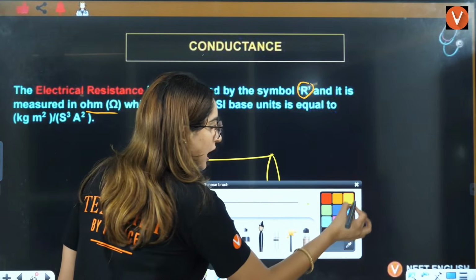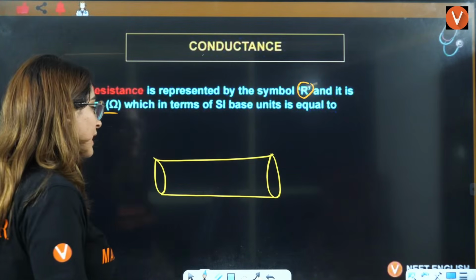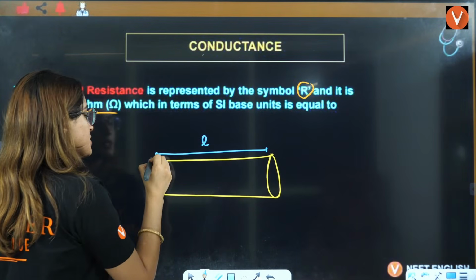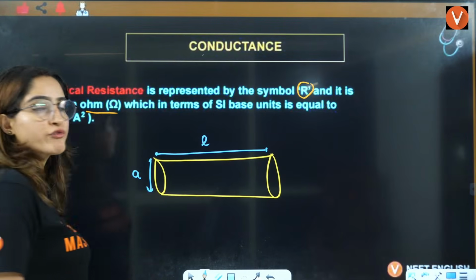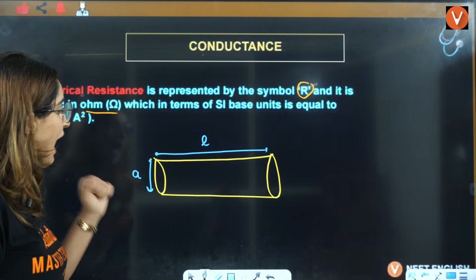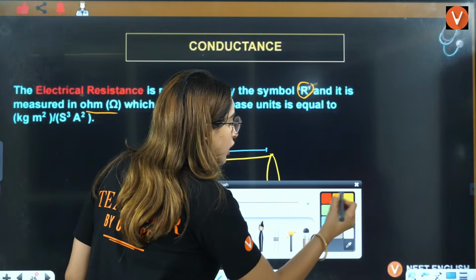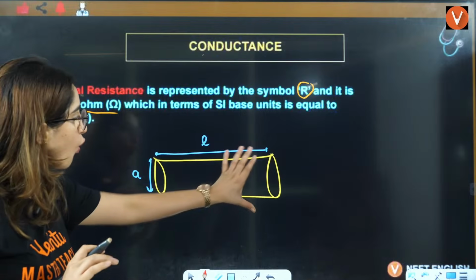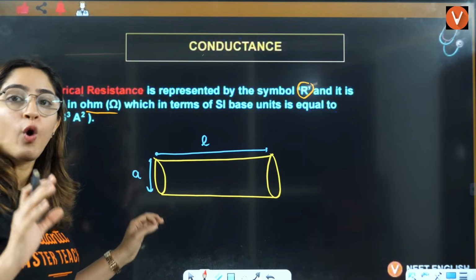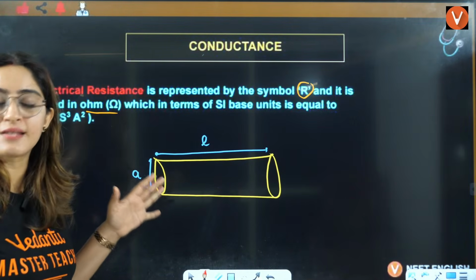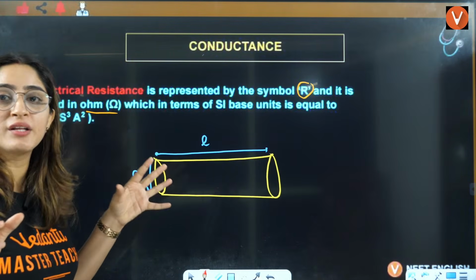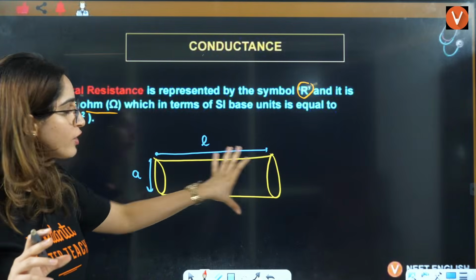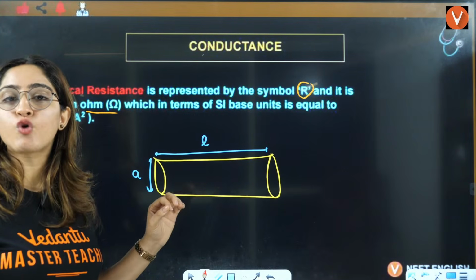This is the length, and this will define the area of cross section. In overall length and area, what is the restriction in the flow of the current? That is called resistance.